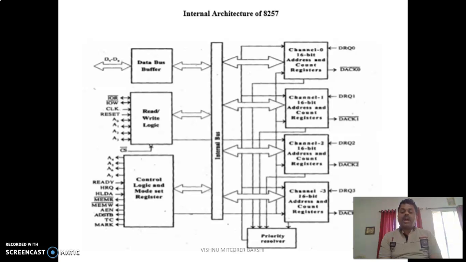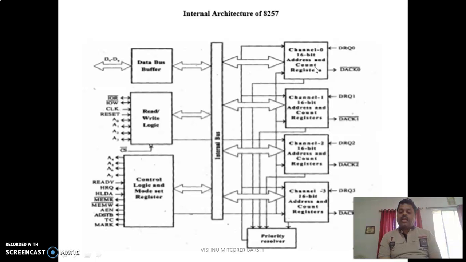These three blocks are interfaced through the internal bus to the channels 0, 1, 2, 3 with 16-bit address and count registers. Some peripheral registers are also connected through channel 0, channel 1, channel 2, channel 3, where the peripheral devices are connected.